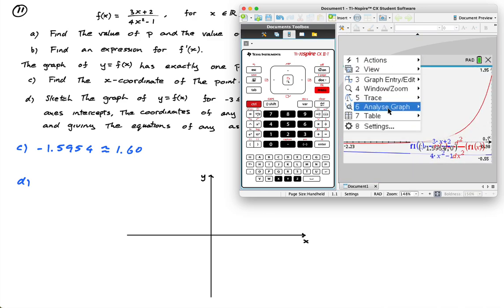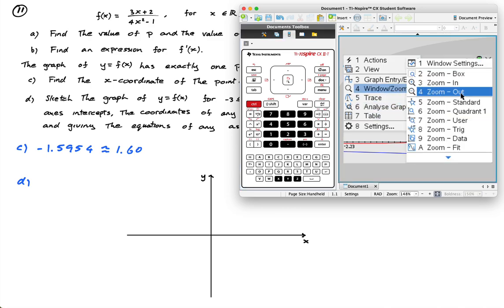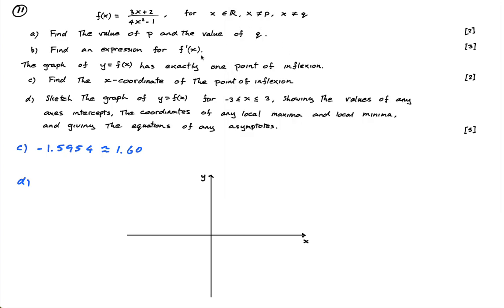That's not a good zoom. Let's try zoom standard. Okay, not too bad. I think I might even get rid of this just because it's not useful. Now I know, guys, the 2 equations of the vertical asymptotes. They are x equals a half and x equals -1/2.